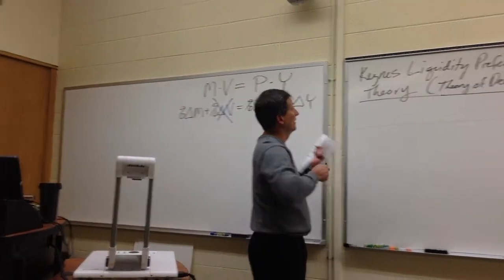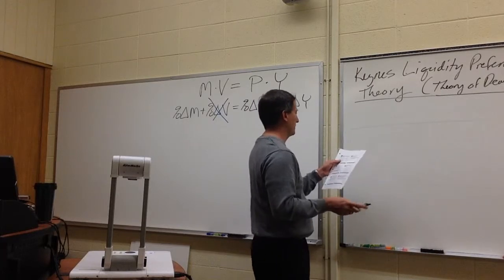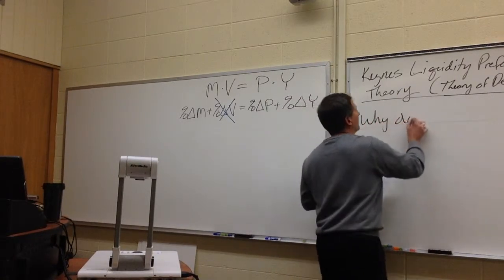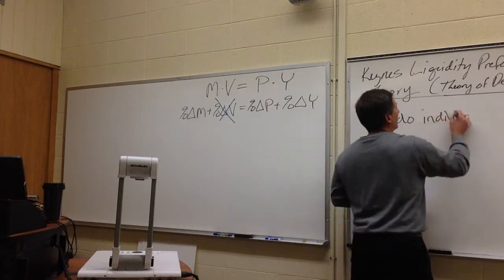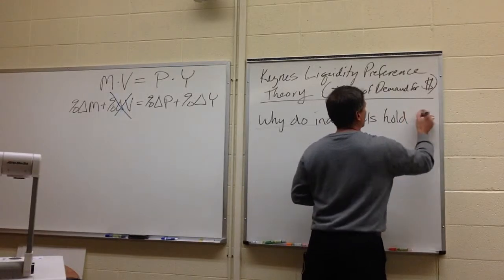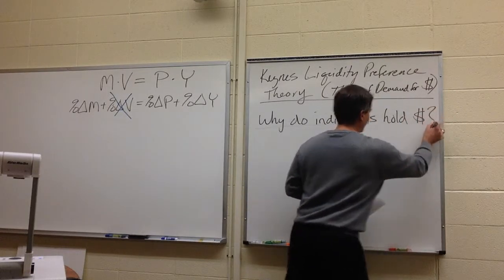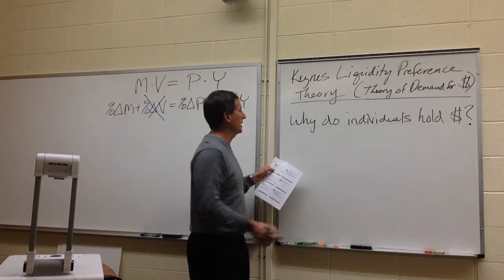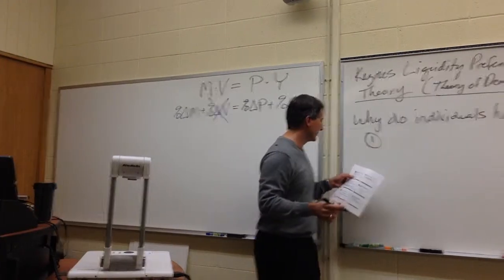All right, so part of his theory ties into money with this liquidity preference stuff. He asked the question, why do individuals hold money? We kind of have three motives.